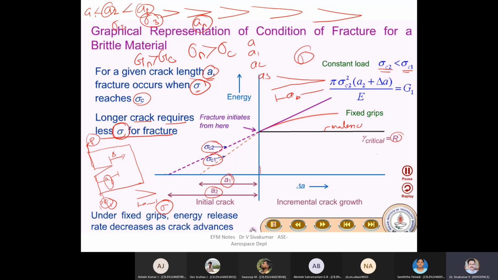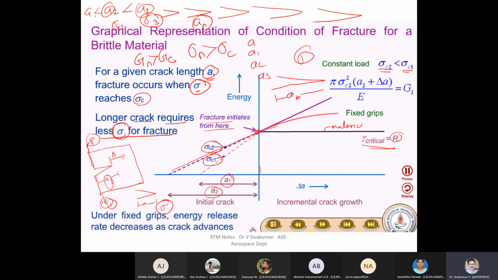But still, somehow it will reach the R. Everything will reach R. When it touches, then fracture initiates from here. Once it crosses R, the fracture will increase.